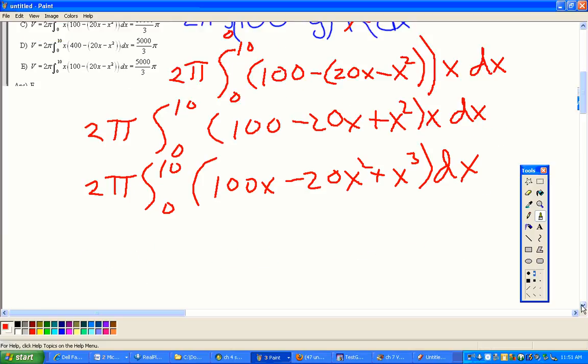So now if I integrate him, 100x would integrate to over 2.